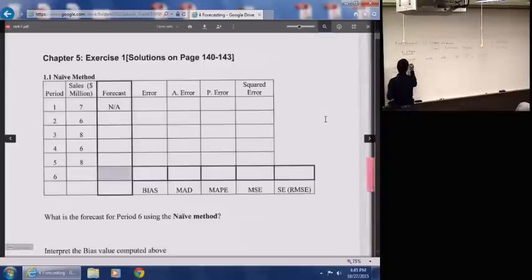MAD stands for mean absolute deviation. So by the name, you can basically tell how you would compute MAD, right?